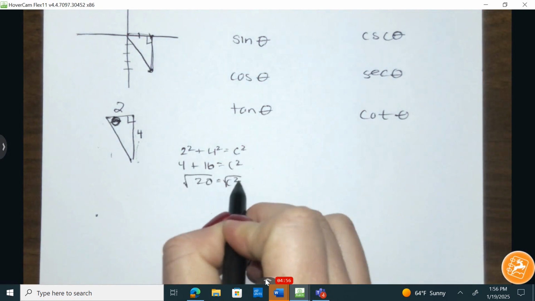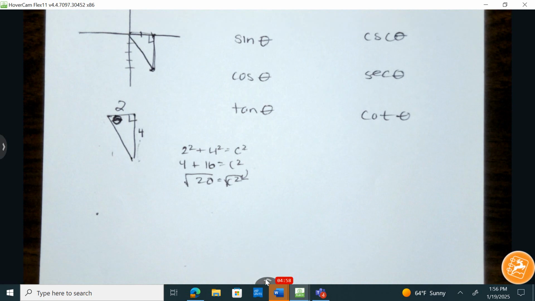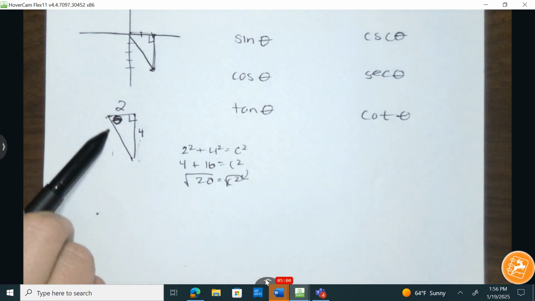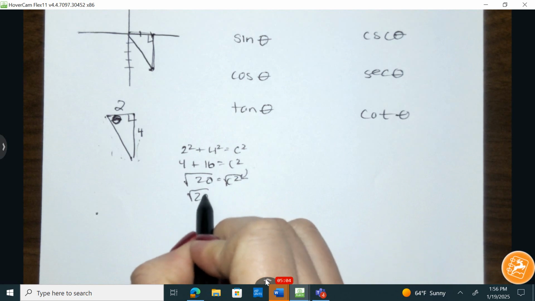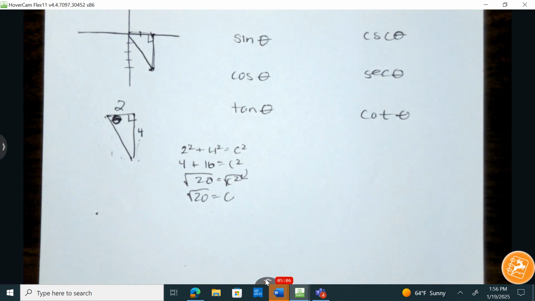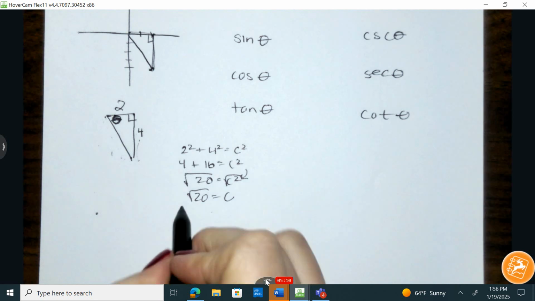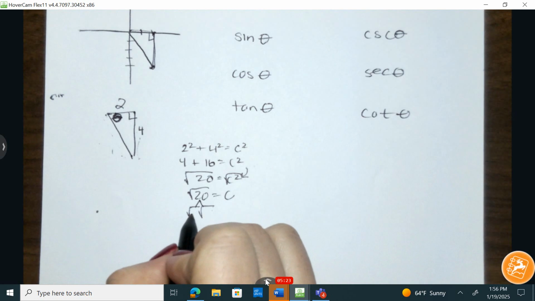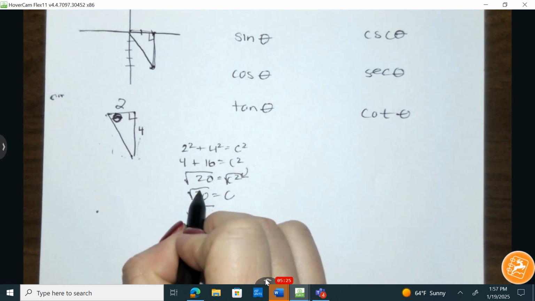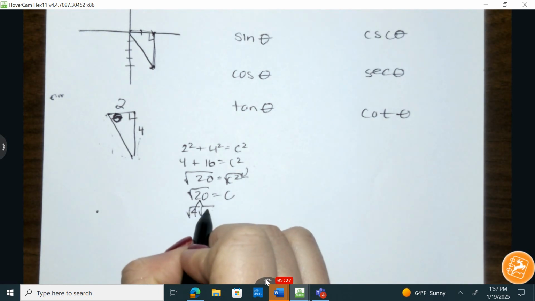Taking the square root of 20, we should get an answer of plus or minus the square root of 20, but recognizing that this is distance, distance will only ever be positive. At this level of mathematics, I want you to recognize when you're able to simplify. So here's one where we can take the square root of 20 and break it down. What perfect square divides nicely into 20?